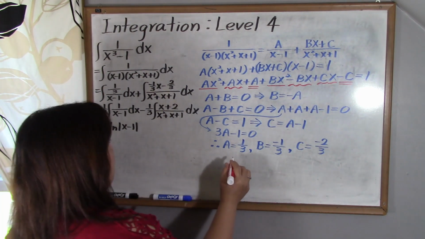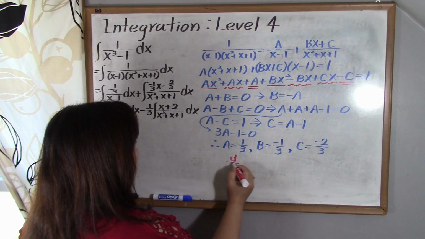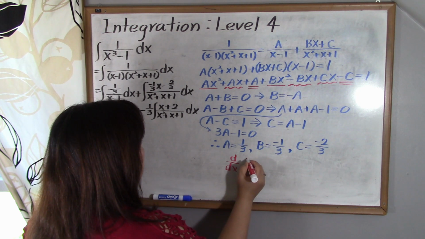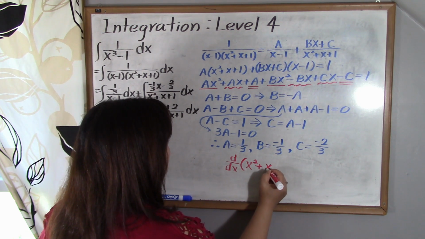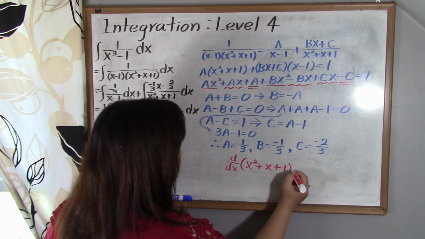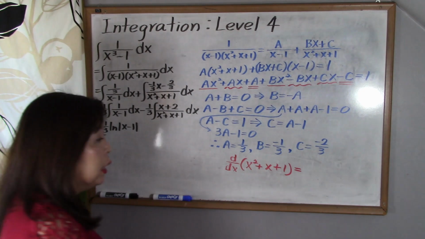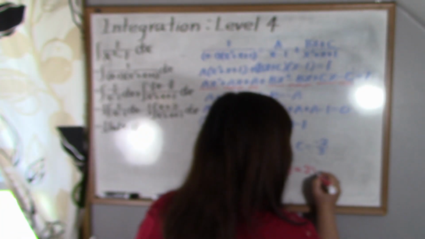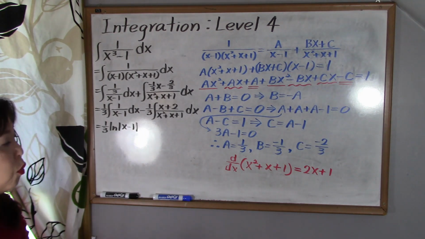So that is derivative of x squared plus x plus 1. What is it? So that is 2x plus 1, right? 2x plus 1.